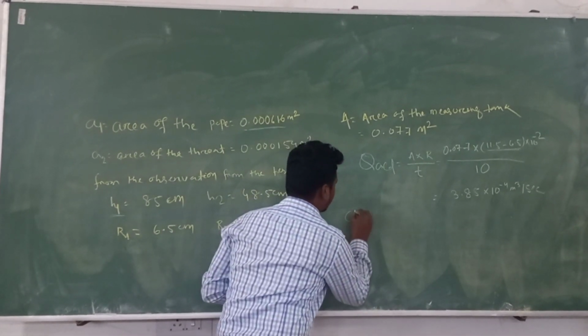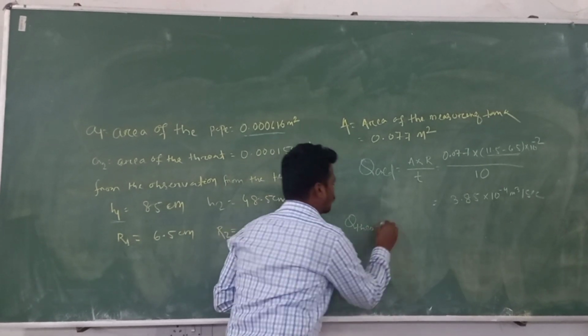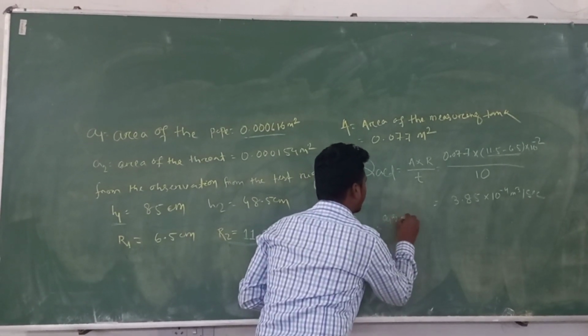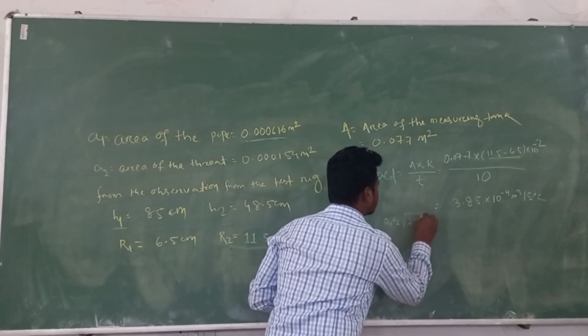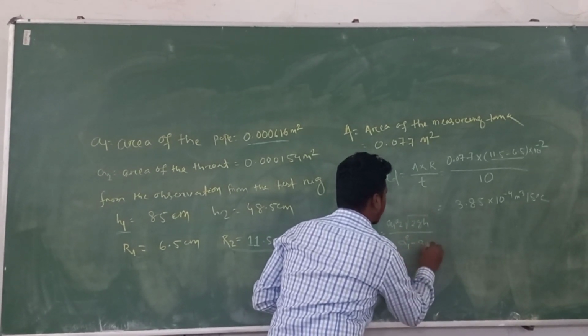Now let's calculate the value of theoretical flow rate. So the formula for theoretical flow rate is equal to A1 into A2 into root over of 2 into G into H, divided by root over of A1 square minus A2 square.